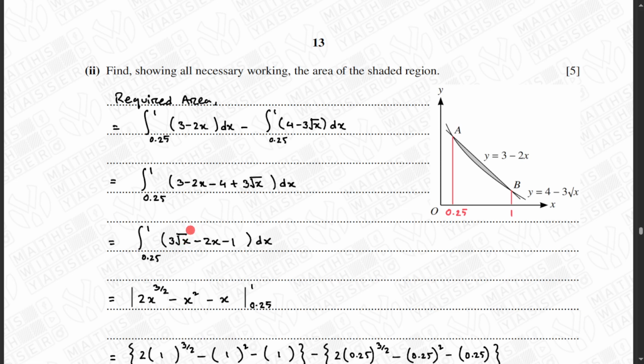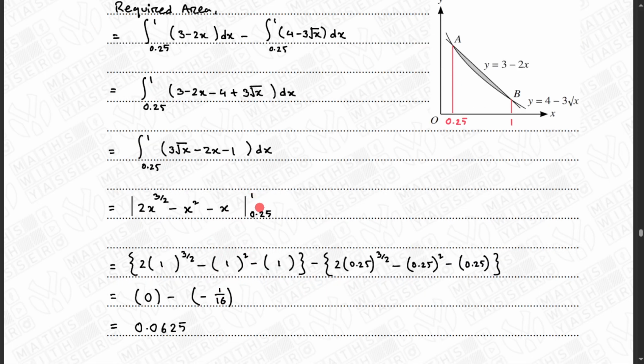So half plus 1 is 3 by 2, and when you divide by 3 by 2, you get just 2, and the power becomes x to the power 3 by 2. If you integrate 2x, you will get x squared, and if you integrate 1, you get x. So now we can substitute these two limits into the equation, and we will get 0 minus minus 1 over 16, which is 0.0625.